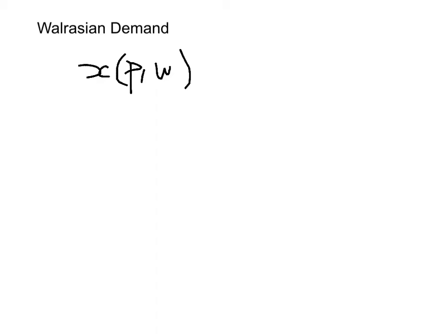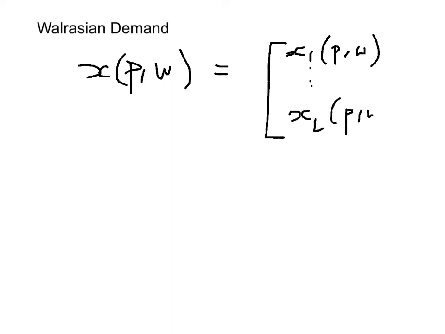So it's going to be a vector listing the amounts of each commodity being chosen given the price system and the wealth. So we have again L entries.